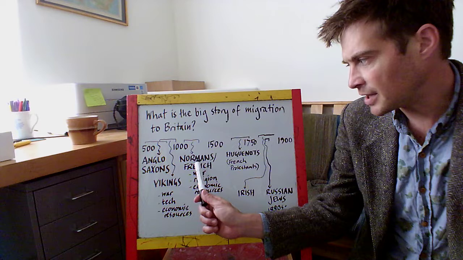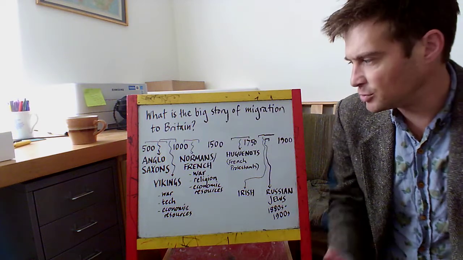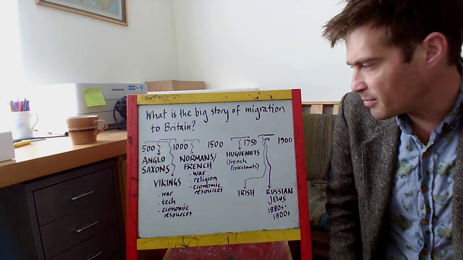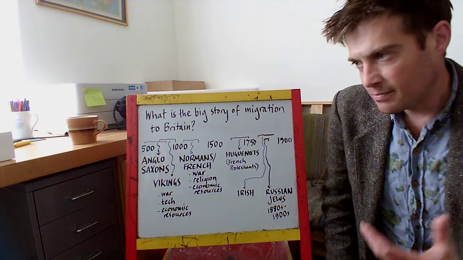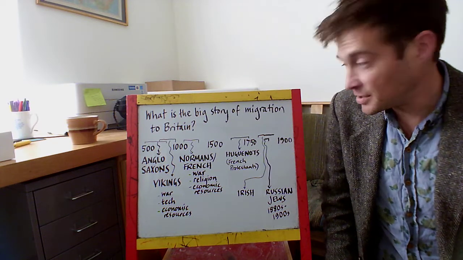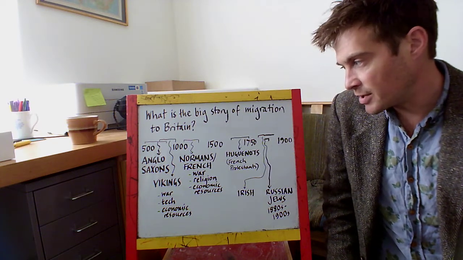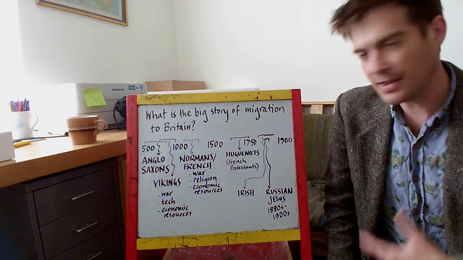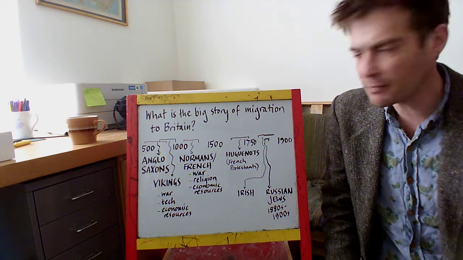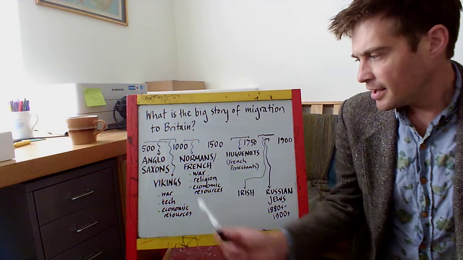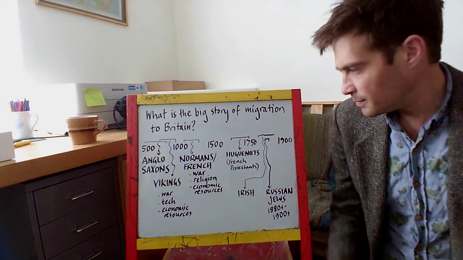The Normans and then the French. There was a lot of migration from Normandy. First of all, for the Norman conquest itself, those people who came over and attacked the Anglo-Saxons, and then subsequent to that, some more peaceful migrations as well. War being a big factor in it, though.